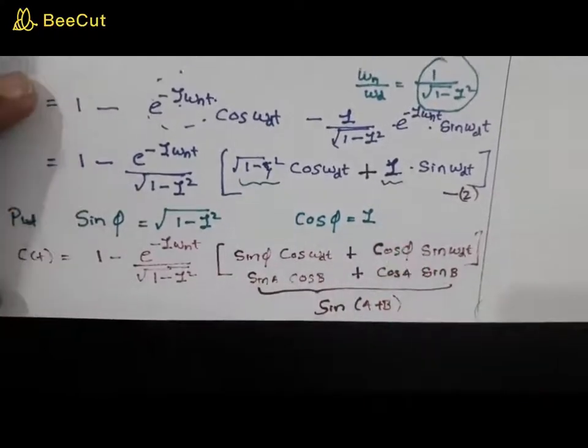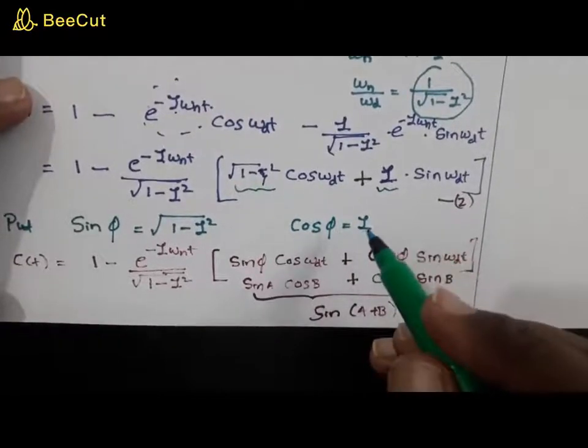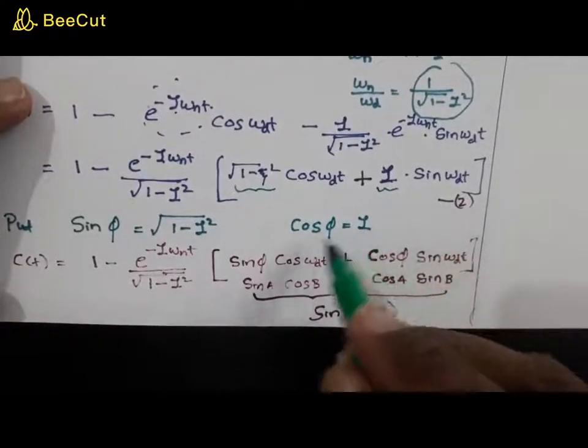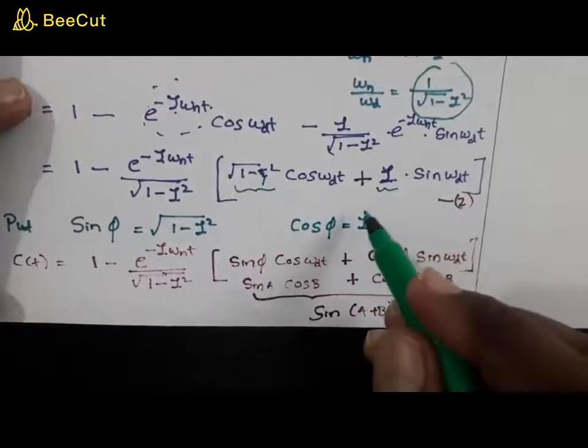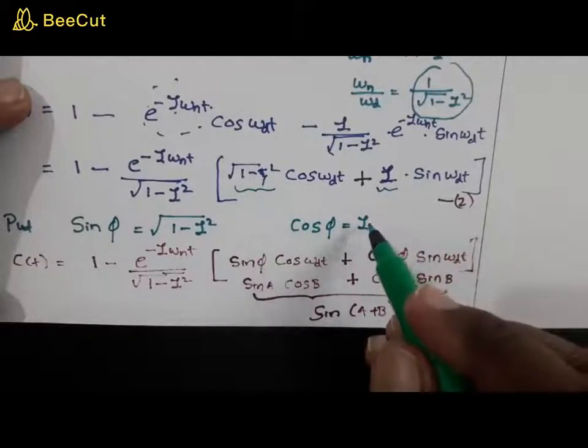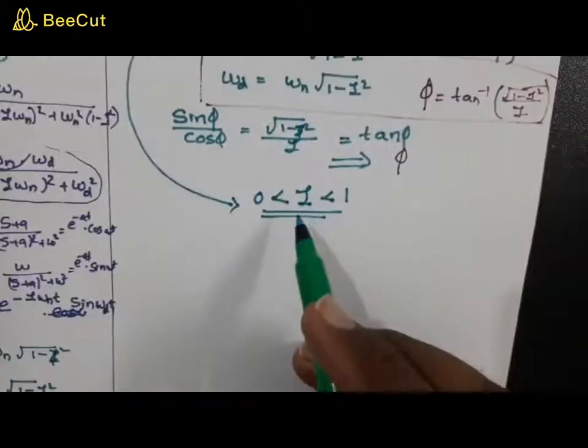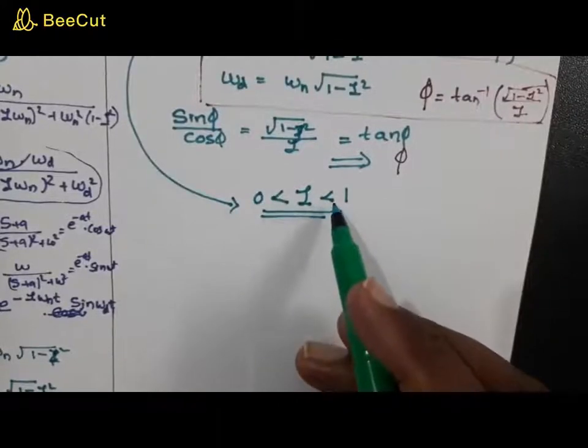Since cos phi varies from -1 to +1, but we take theta as a positive quantity, we'll take only 0 to 1. That doesn't mean that theta can't have a value greater than 1. Yes, it can be greater than 1.